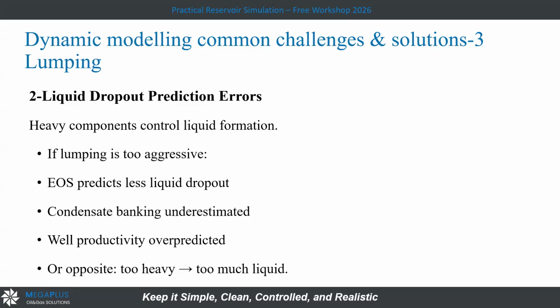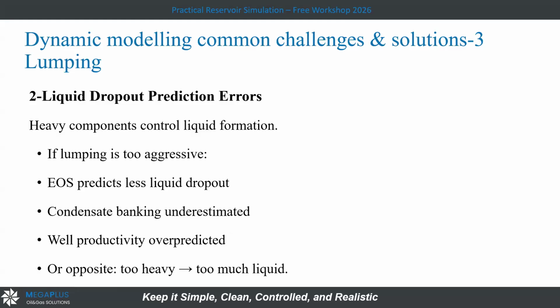And of course, if I have a liquid dropout, if I have condensate banking and liquid dropout, I have to take care of lumping very well, because in the gas condensate or the liquid dropout that will happen, the aim of the work will be the components.